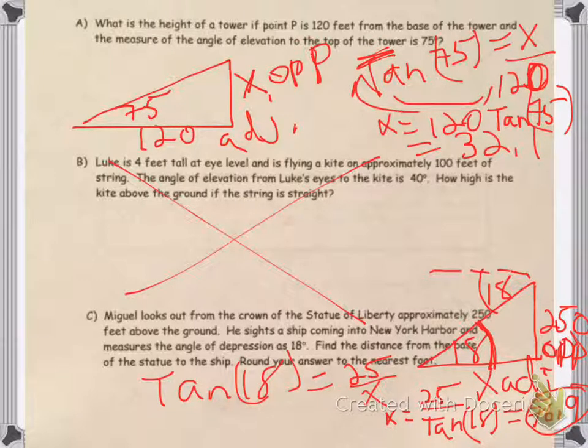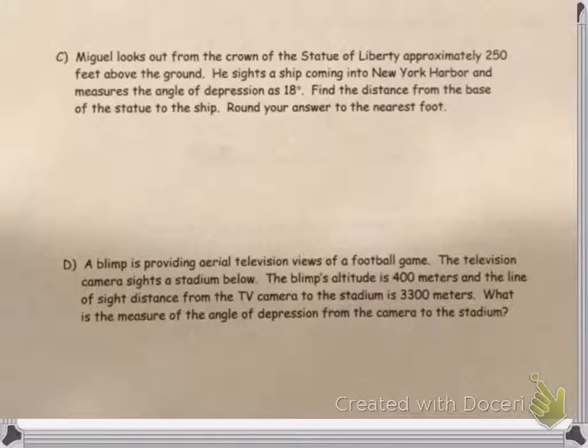Now you know how to do an angle of depression one. We're on the last problem now. It says a blimp is providing aerial television views of the football field. The television camera sights the stadium below. The blimp's altitude is 400 meters, and the line of sight distance from the TV camera to the stadium is 3,300 meters.